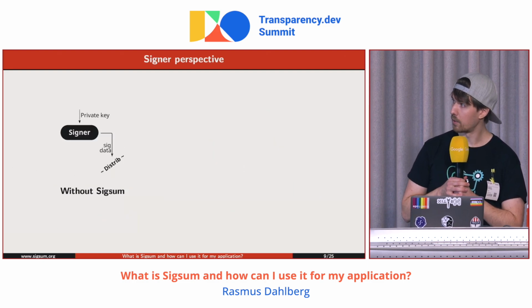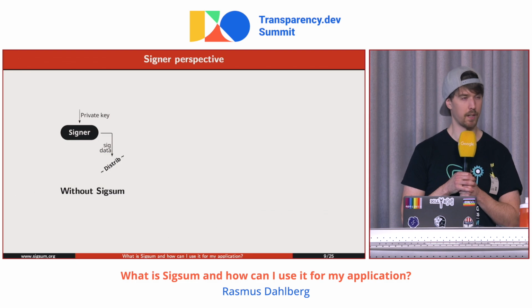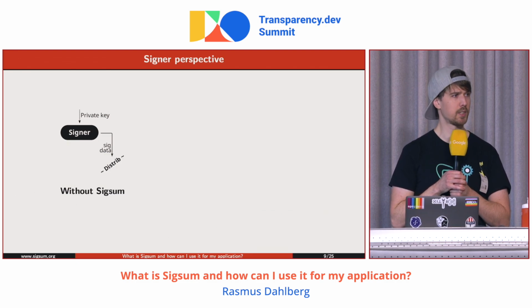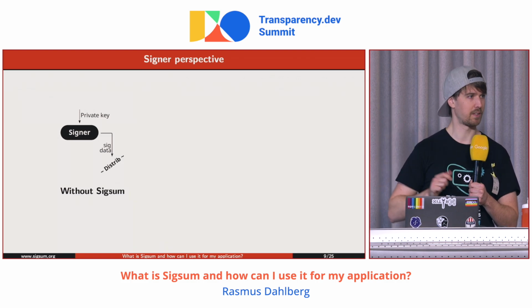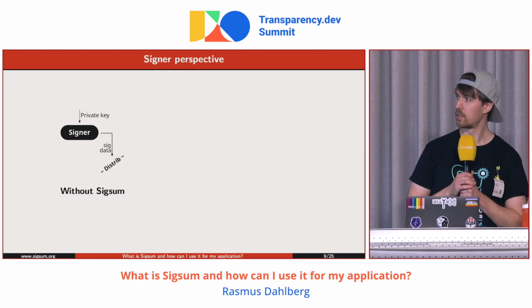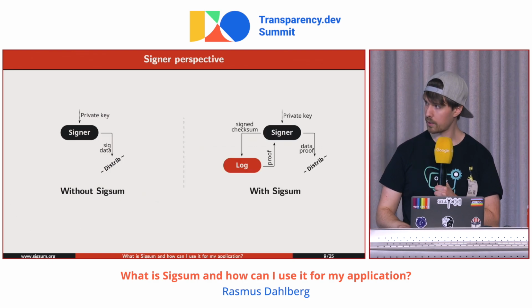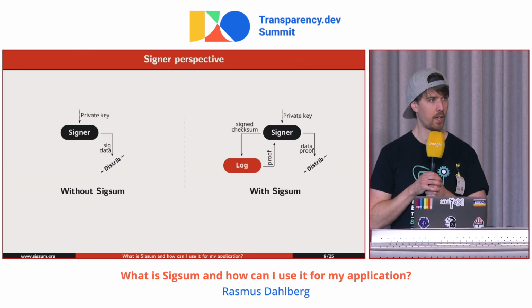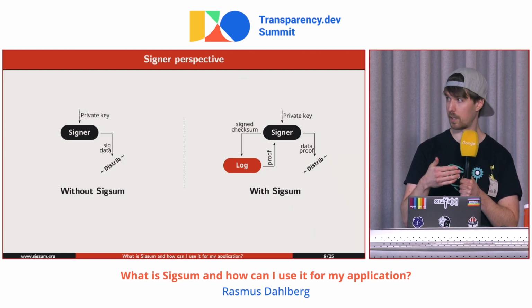All right, looking at the signer perspective here. So before, you could always sign something, and that's quite effortless. And this is part of the problem, right? Because if the attacker takes your keys and runs with it, then it can start signing things. So here, some things ought to change a little bit. What's going to happen is that when you want to sign something, you're going to sign a checksum, and you're going to put this signed checksum into the log.